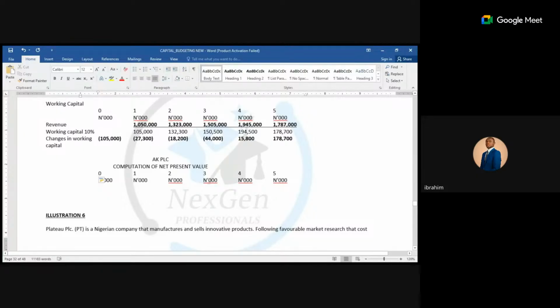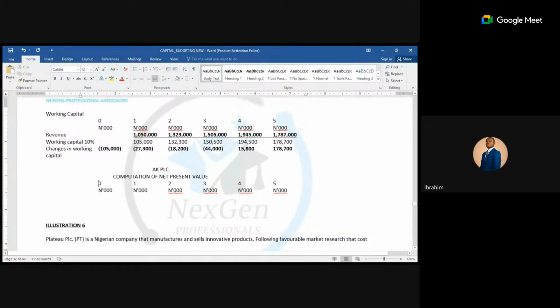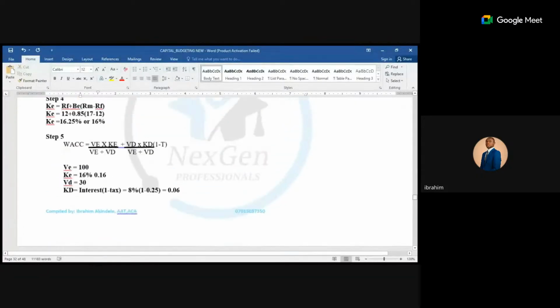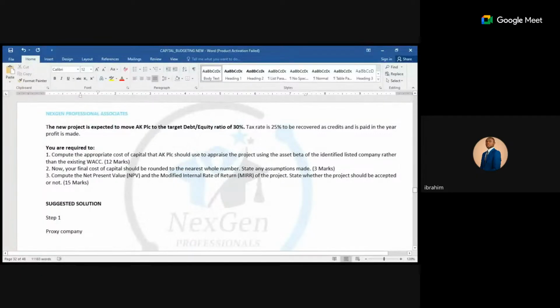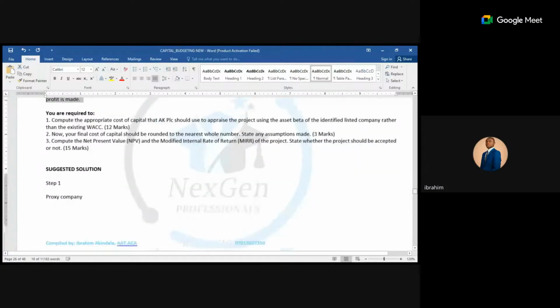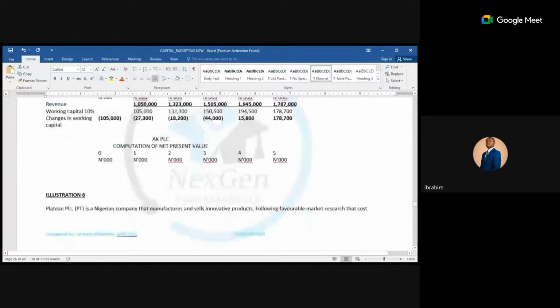Okay. Tax is being paid when? Is it in arrears or in the year at which the profit is being made? If the tax is 25% to be recovered as credit and is being paid in the year profit is made, meaning that it is not in arrears. They pay the tax in that year, right? It is not paid in arrears.